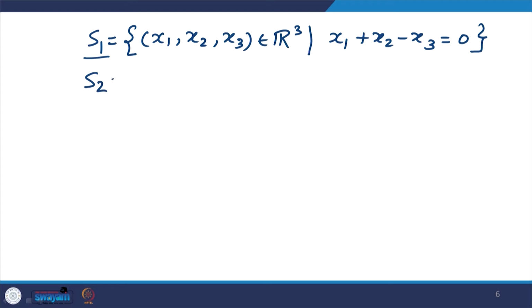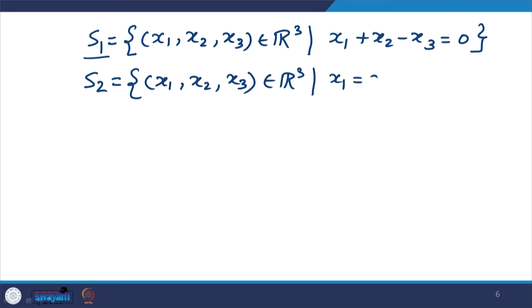Another example I have given at that time: S2 = {(x1, x2, x3) belongs to R3 such that x1 = x2 = x3}. So again, this S2 is also a subspace of R3.